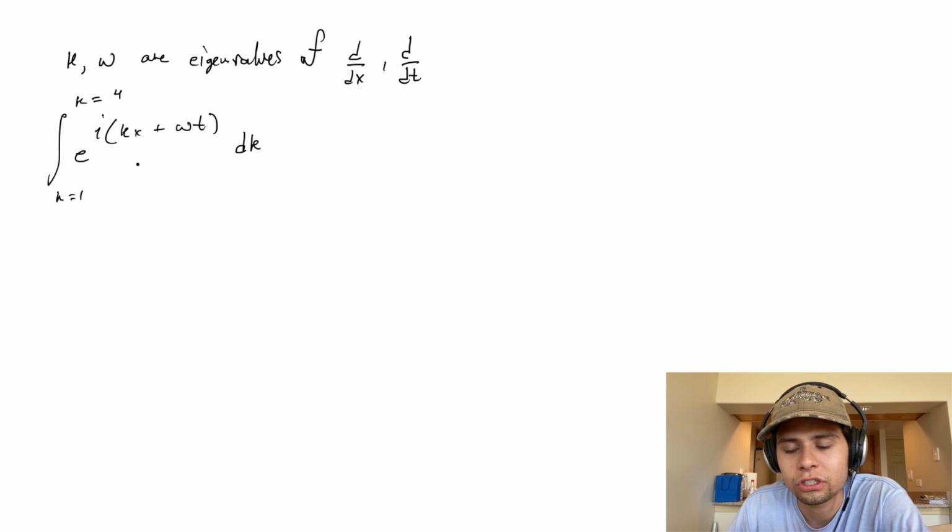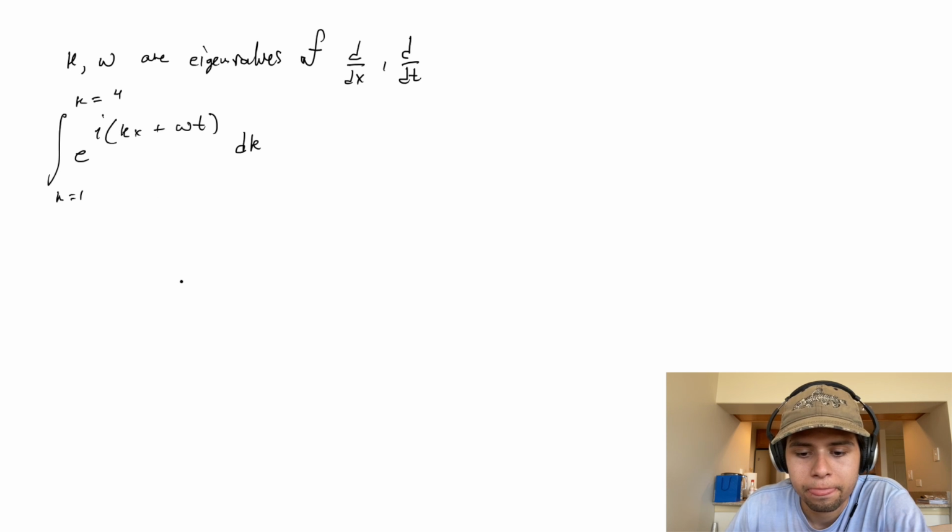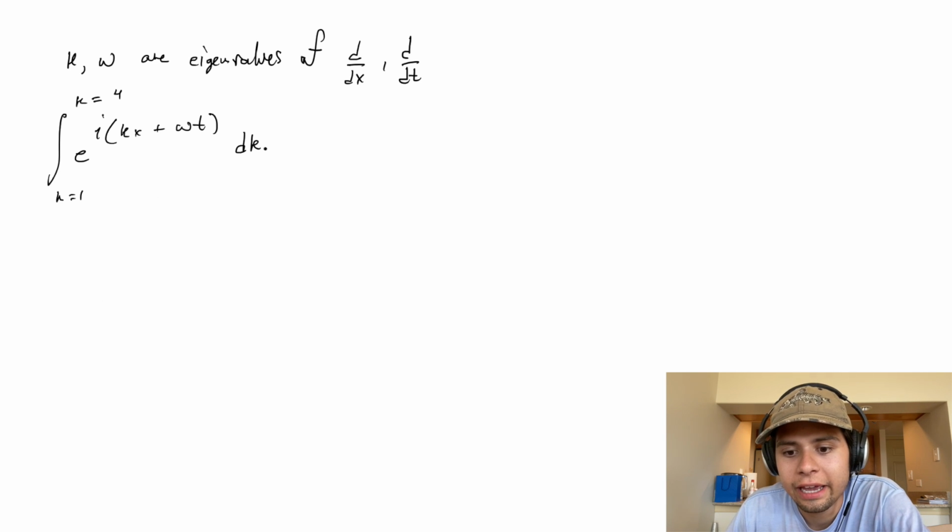So this is a sinusoidal function, but we're treating it as if the independent variable was k and not x or t. And k, if you remember, is the eigenvalue associated with the derivative with respect to position. So we only have a certain set of k values, because our operator is very specific in that way.